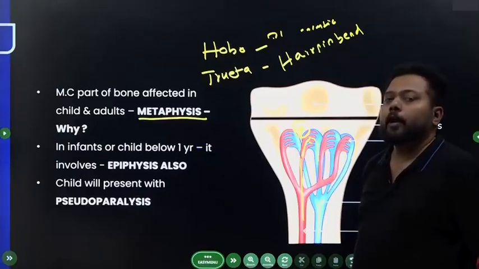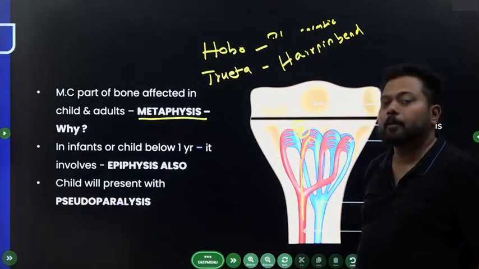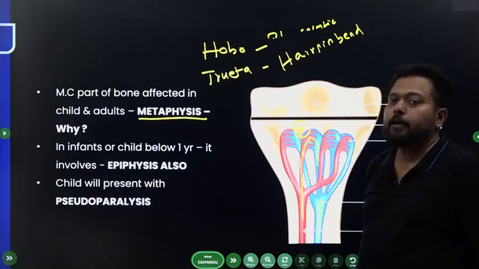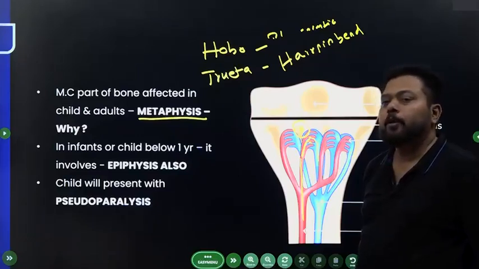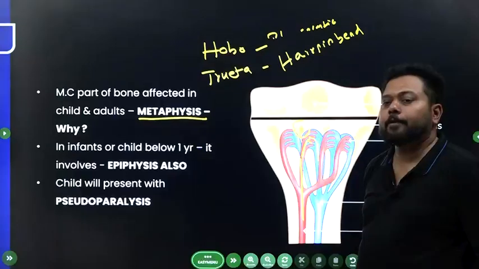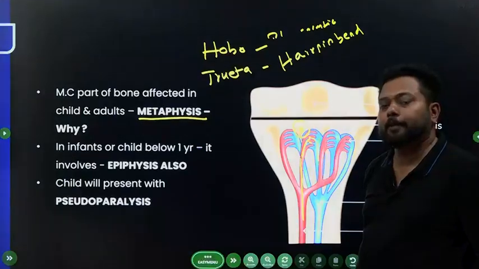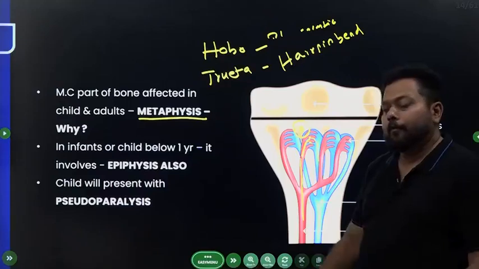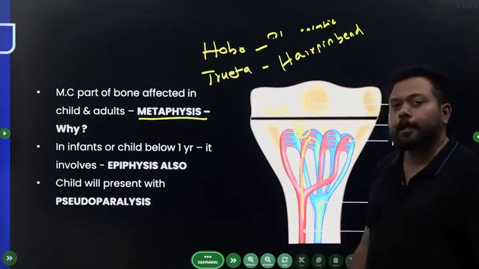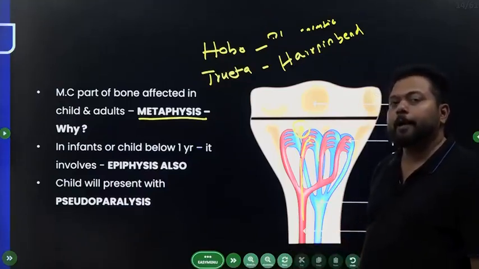Very common presentation in a child with acute osteomyelitis is pseudoparalysis. Pseudoparalysis means no real neurological problem is there. You know, the periosteum is very sensitive. Whenever there is inflammation, there will be inflammation of the periosteum also, and an abscess will be there. So when the child moves the limb, it causes severe pain in the affected part.